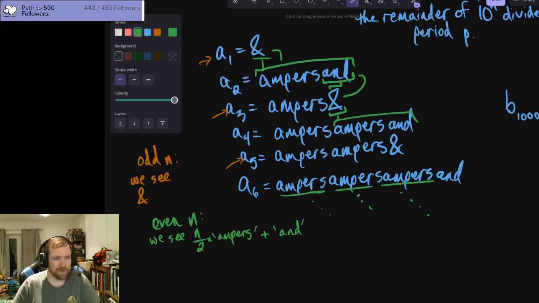So, weird. Superbrain, isn't it true that n plus 2 has 1 more ampersand than n has? Yes. So my contention is that the period should be 2.